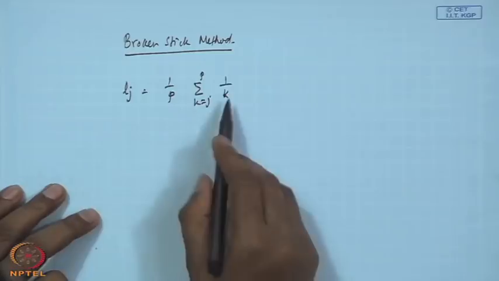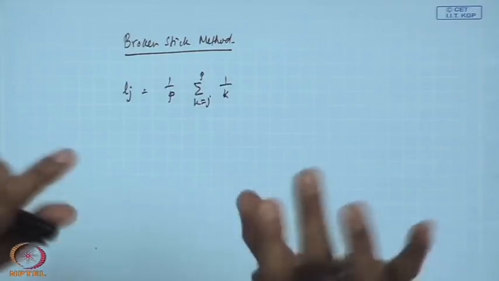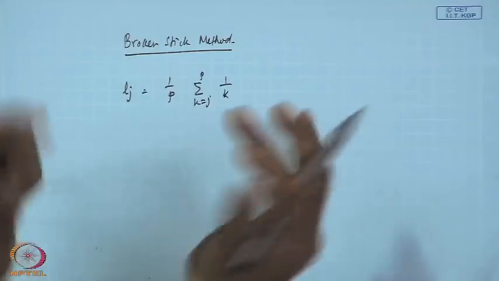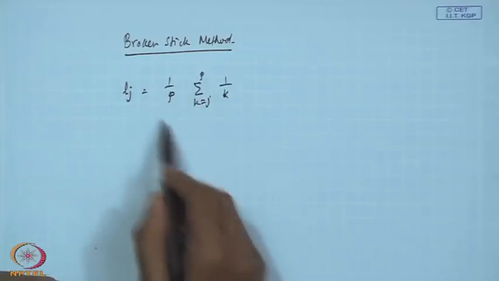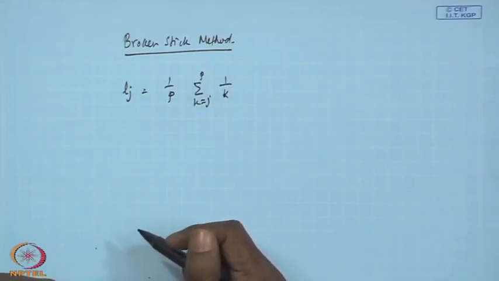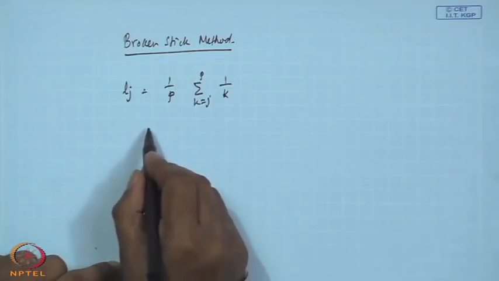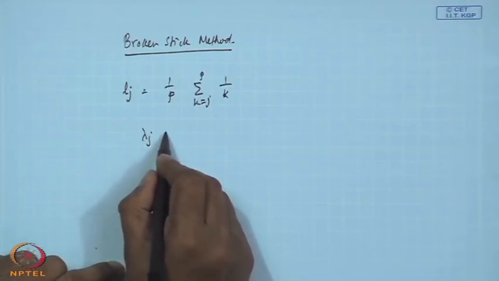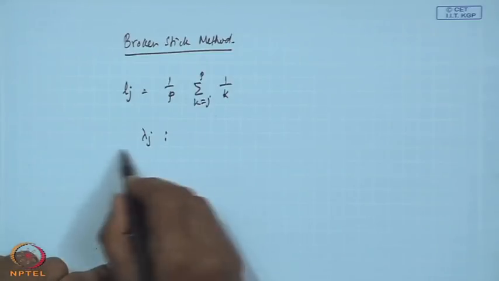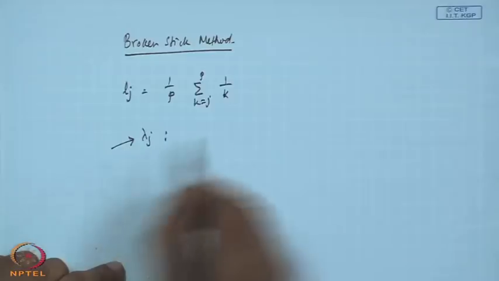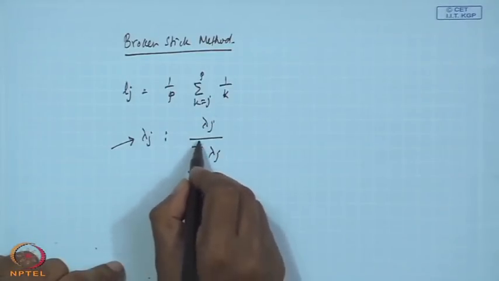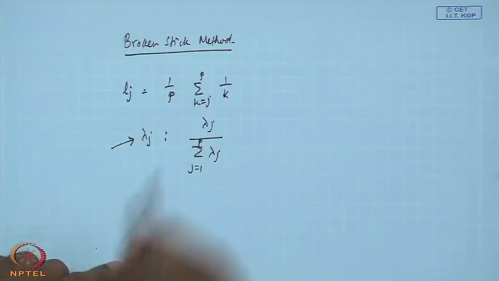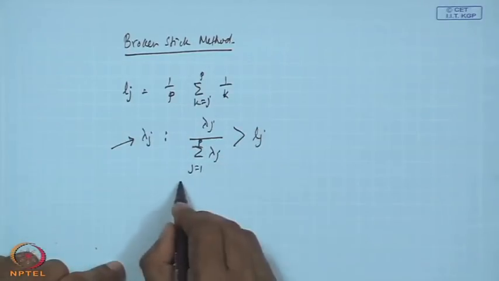This quantity is just like a stick broken randomly into several components, where any size of component you can get. That is why these 1 by k terms are coming. Now for each lambda j you find the cumulative value, that is lambda j divided by the sum total of lambda j, j equal to 1 to p. You keep those lambda j whose value is greater than Lj.